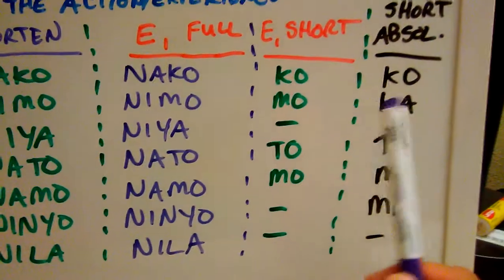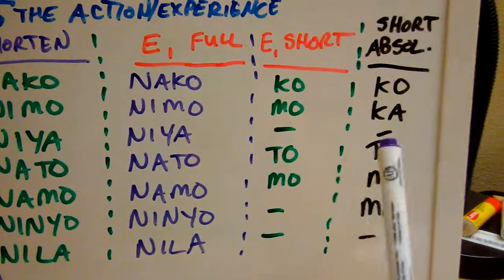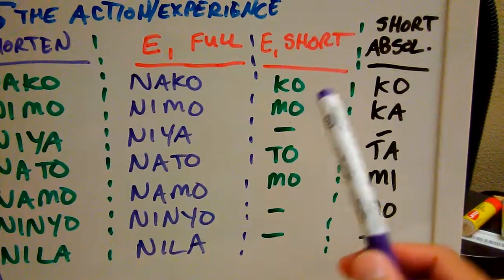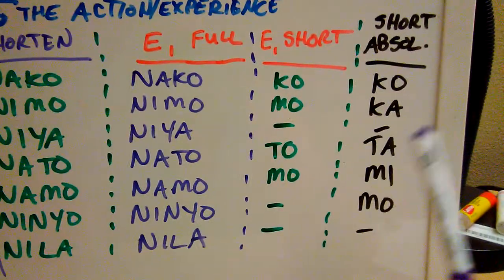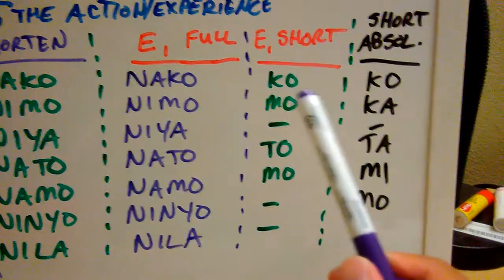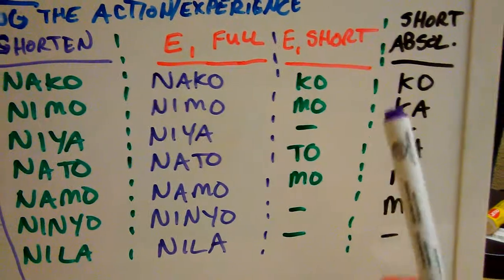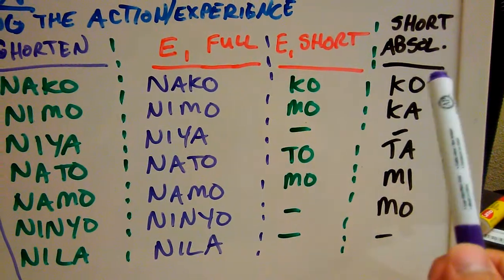So moving on, the ergative short, I also put it here too, because the ergative short can be comparable to the absolutive case shorts, right? Look, the first person singular, ko and ko. They're similar. So if you hear ko, you need to discern whether it's written in the ergative case or the absolutive case.